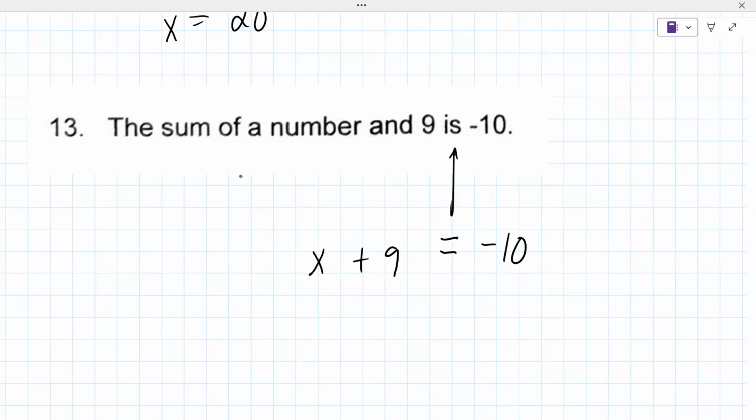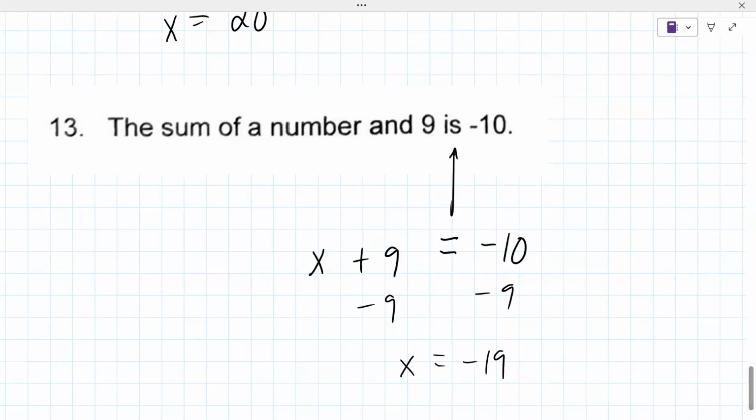Go ahead and solve that, please. -19. The answer is -19. Good. X equals -19. Perfect.